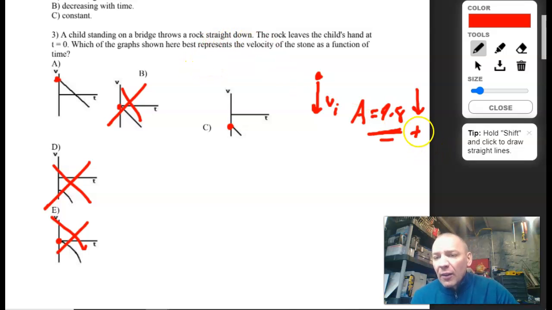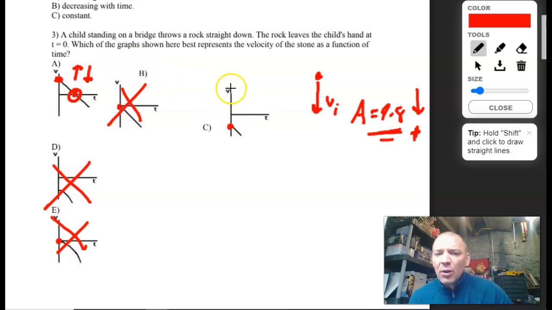If I said down is positive, then my initial velocity down is positive and I'll be increasing down. But I'd say my initial velocity was positive and then increasing. Of course, here the velocity is changing direction, so that means it's going from up to down. So since we have a change in direction here, that one makes sense.